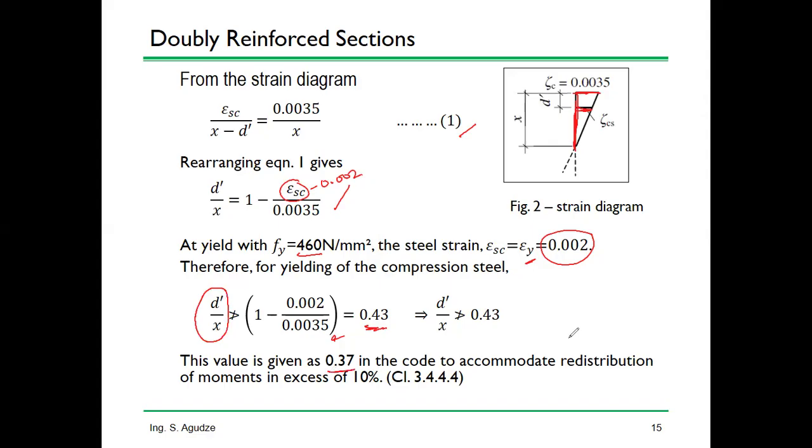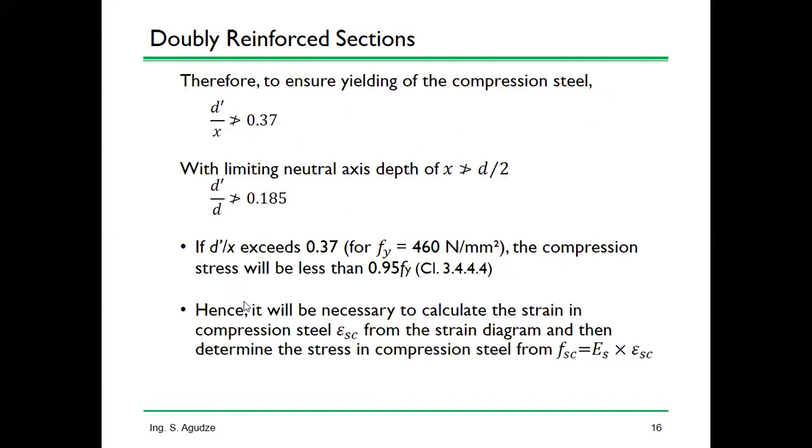Once you obey what the code says, particularly about the Z and the X, the depth to the neutral axis, your design will fall within the under reinforced section, which gives a ductile failure. But the over reinforced will not even give you any warning. It's a very brittle kind of section. Therefore, to ensure yielding of the compression steel, d prime over x must not exceed 0.37.